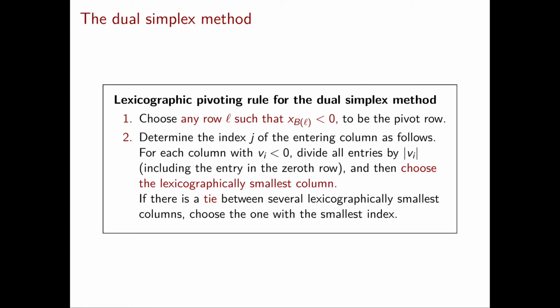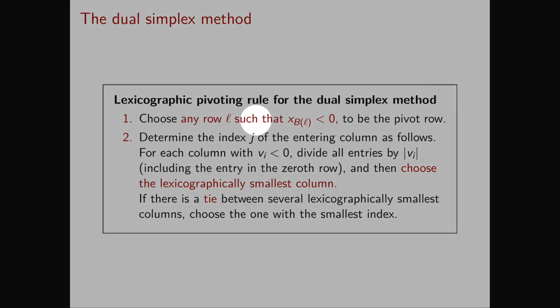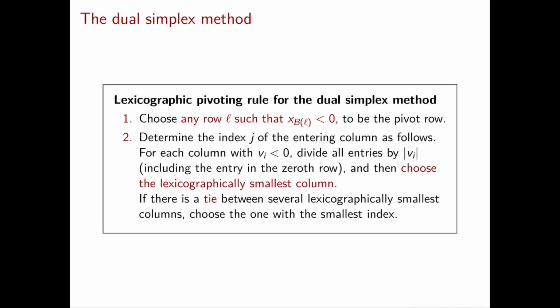Also for the dual simplex method, one anti-cycling pivoting rule can be obtained from the lexicographic order. In this slide, we have the definition of the lexicographic pivoting rule for the dual simplex method. We have complete freedom on the pivot row, so we choose any row l such that x_B(l) is strictly negative. Then we determine the index j of the entering column as follows.